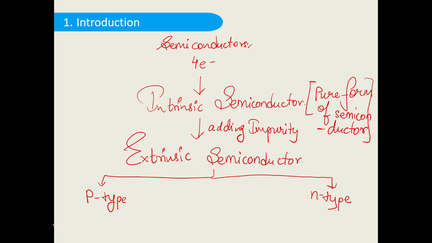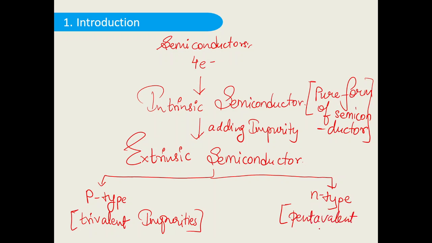Okay, so for the positive type of semiconductor, trivalent impurities are added, that means the impurities which contain three electrons in the outermost shell are added to the P-type semiconductor. And for the N-type semiconductor, pentavalent impurities, which contain five electrons in the outermost shell, are added.